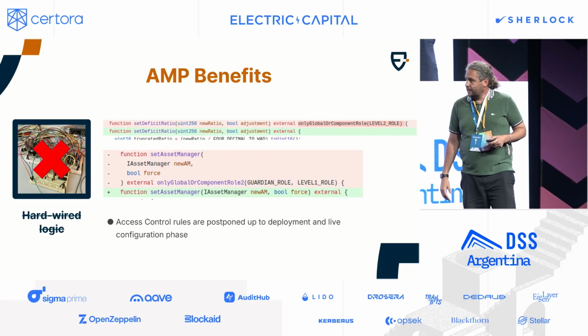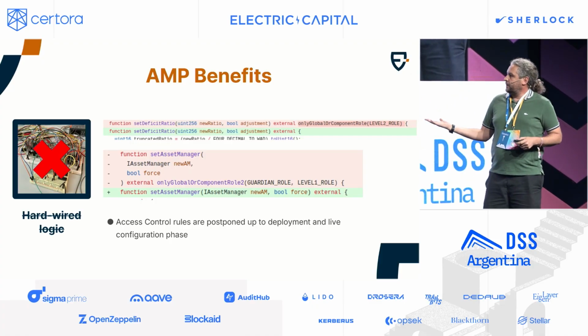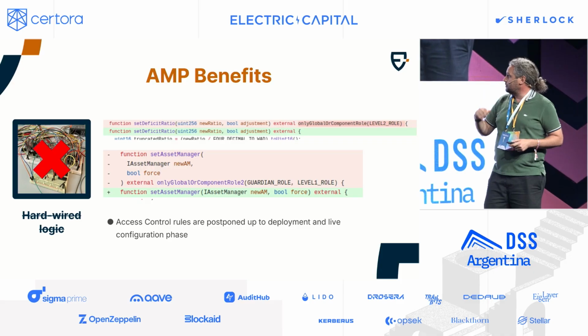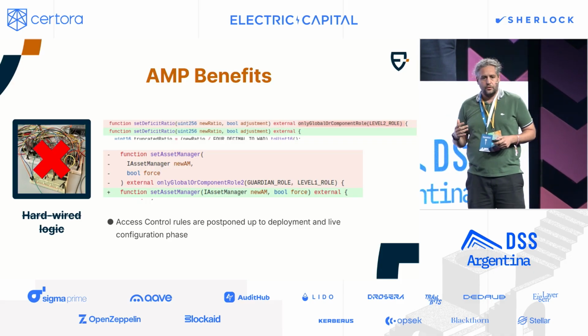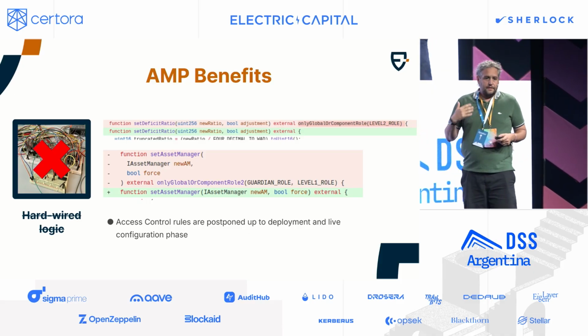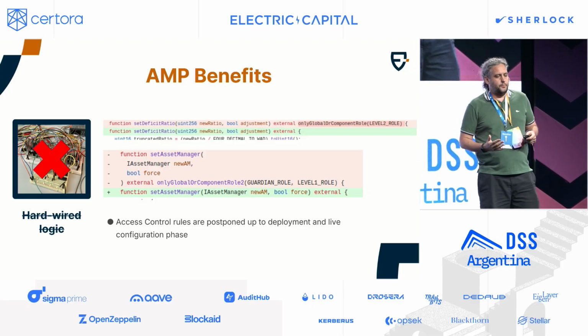So what are the benefits? No more hardwired logic in your contracts. So you remove all that code, all those modifiers. The implementation code becomes much simpler. And as I said, those decisions are postponed up to the deployment phase. And you might have a different configuration.